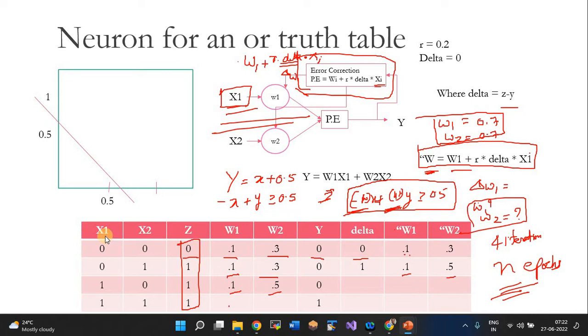So that means you start with x1 and x2 and the truth table, and you write an equation for w1 times x1 plus w2 times x2, and then you have this equation. If you run this in a for loop 4 times, you will get the answer. So that's how the Python program is written.